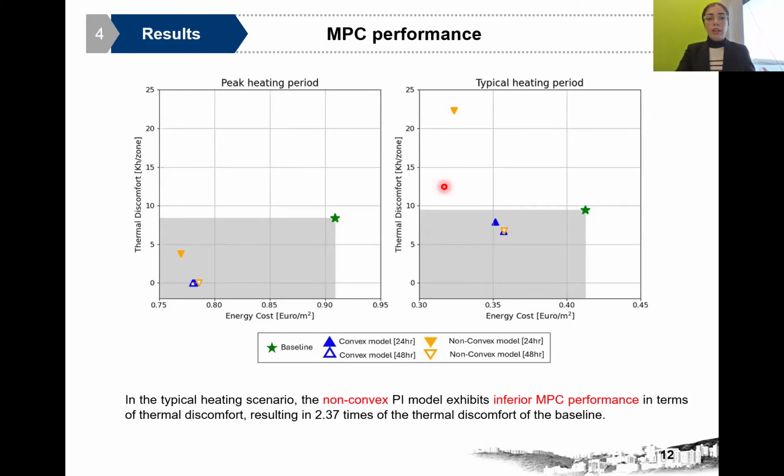As you see in all the cases, the MPC is working better than the baseline, except for one case in typical heating scenario, which is related to the parameters obtained from non-convex model in the 24-hour optimization horizon, in which the thermal discomfort is about 2 times of the baseline.